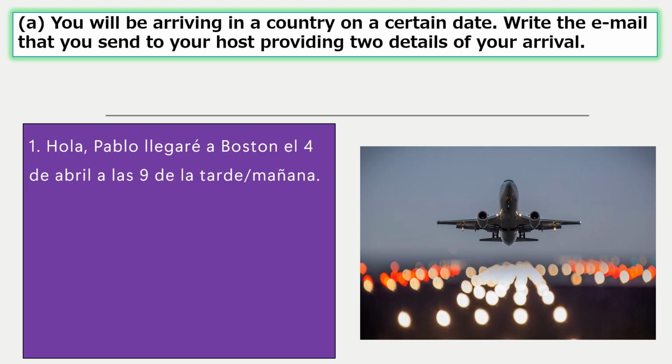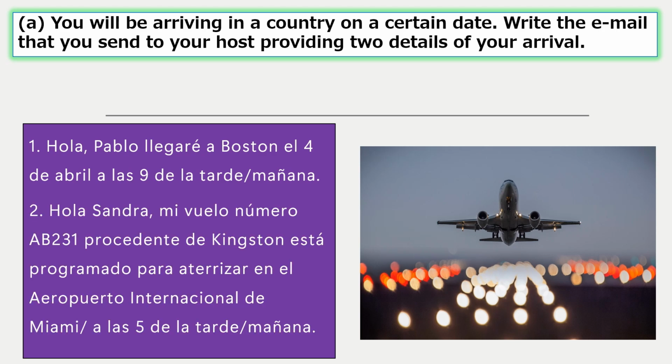Okay, so hi Pablo, I will arrive at Boston the 4th of April at 9 p.m. or 9 a.m. Second response could be: Hola Sandra, mi vuelo número AB231 procedente de Kingston está programado para aterrizar en el Aeropuerto Internacional de Miami a las 5 de la tarde o mañana.